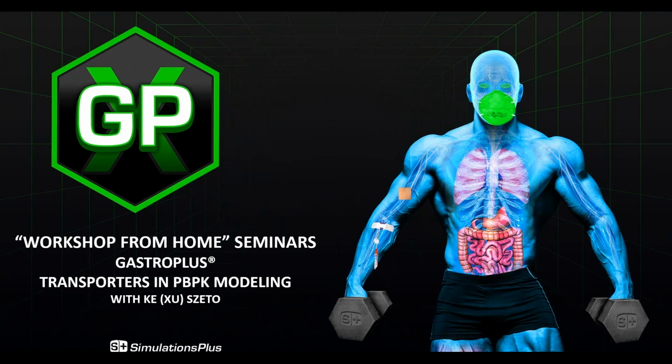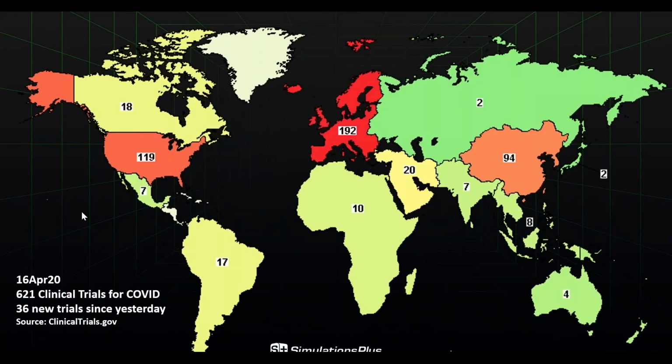But before we start, I thought I would share a slide that I created this morning that updates all of us as to why we're all working from home. This is the map of the current clinical trials for COVID in the world. I've been modeling this every morning, and there are 36 new trials since yesterday.